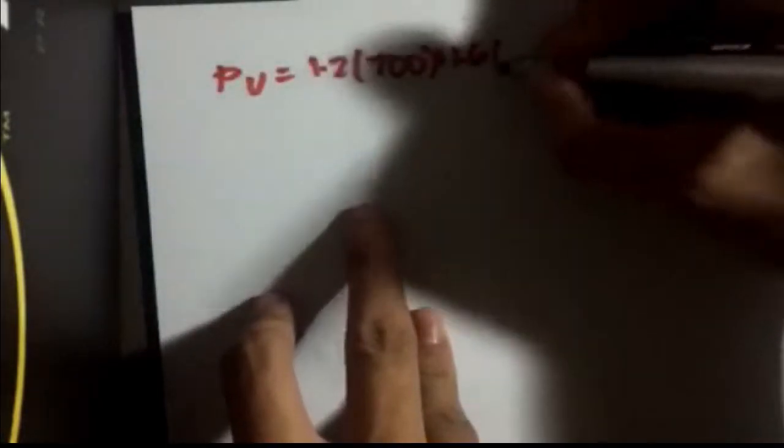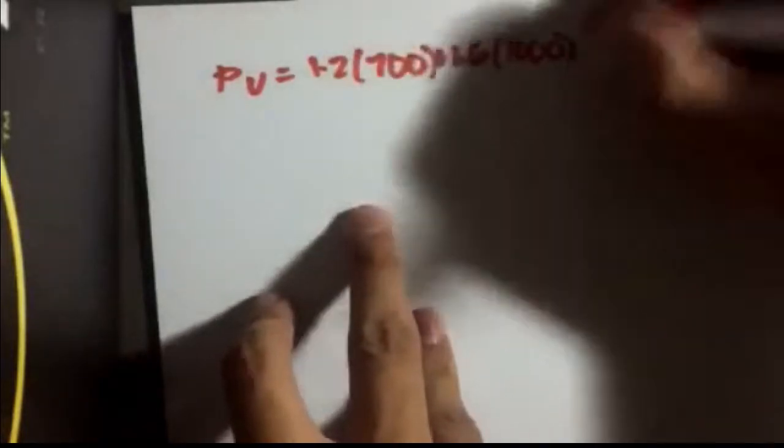So yeah, use factored load. We can say PU is equal to 1.2 of the dead load, which is 700, plus 1.6 of the live load, which is 1000. We can get the value of 2440 kilonewtons for our P ultimate.